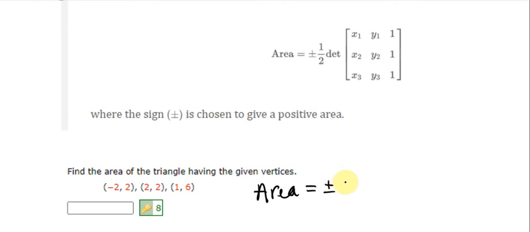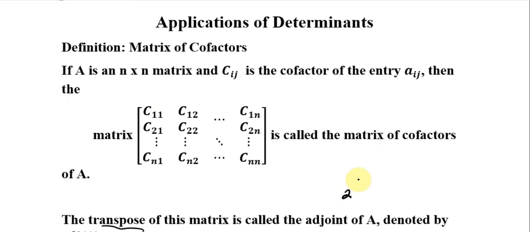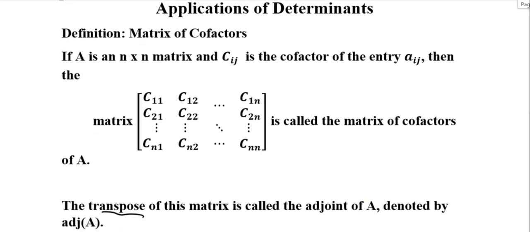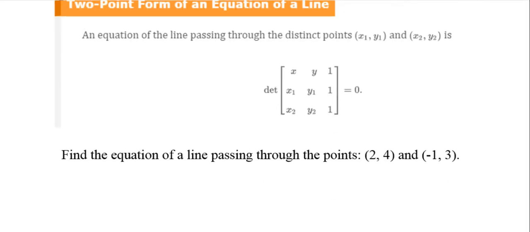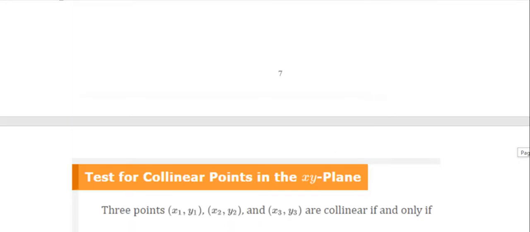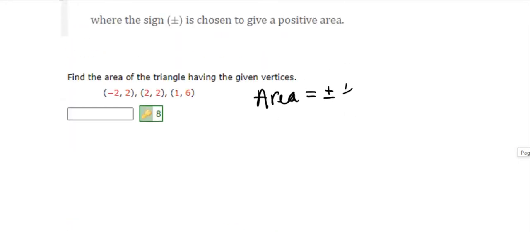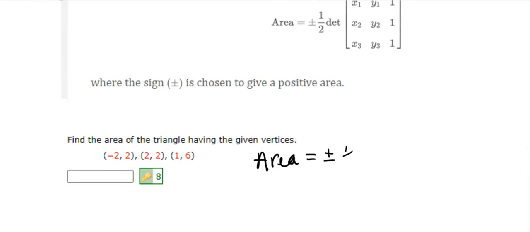We have that plus or minus, and the 1/2 times the determinant of, so for the first column it's the x values, -2, 2, and 1.